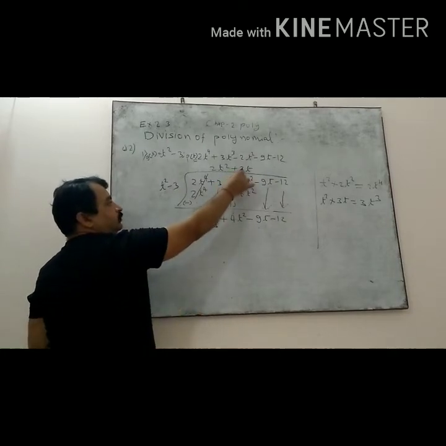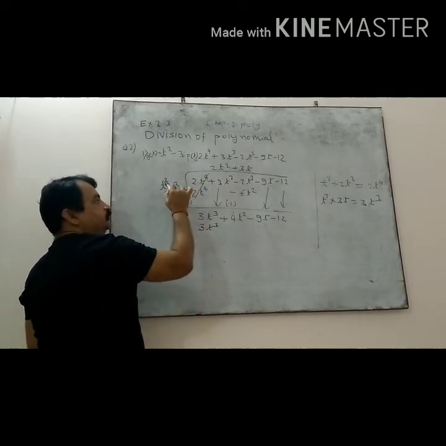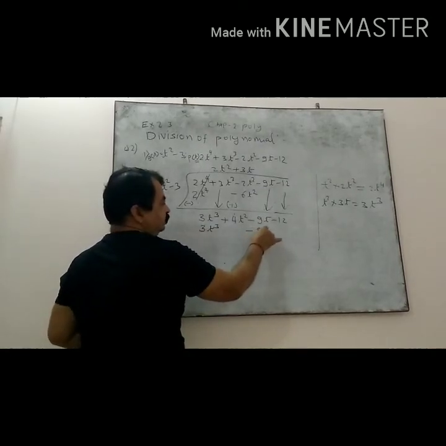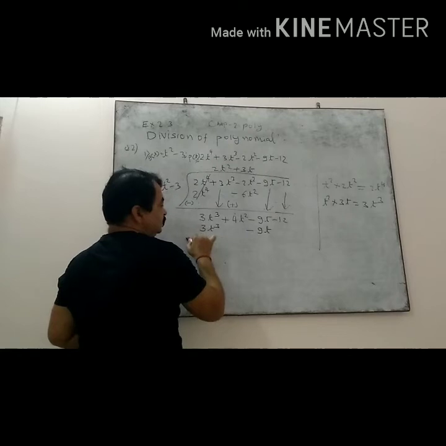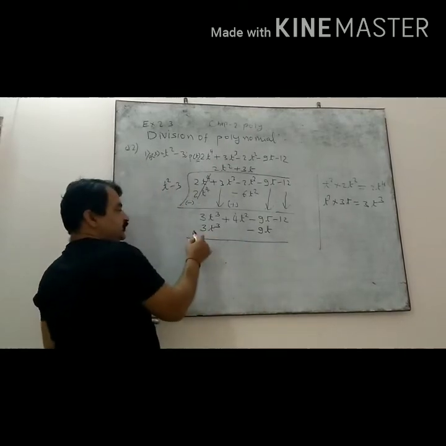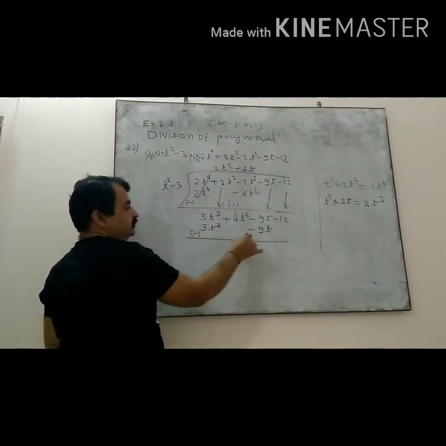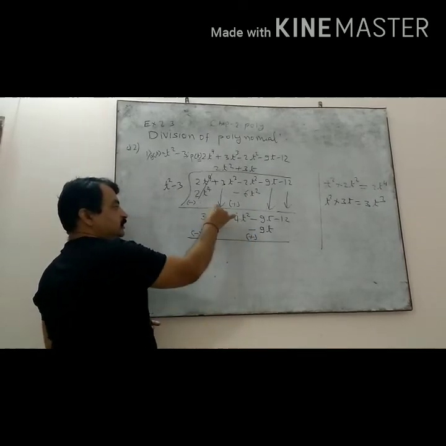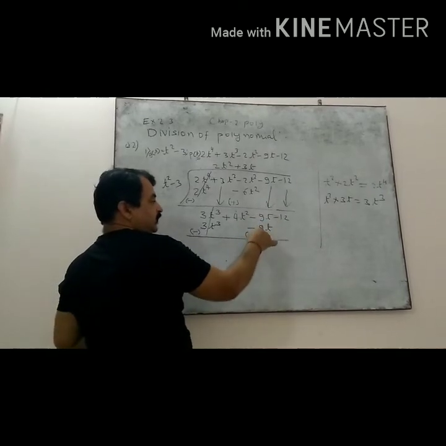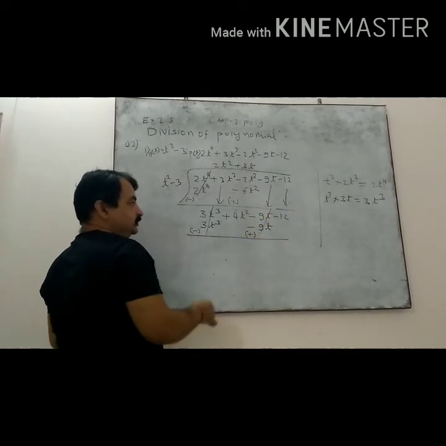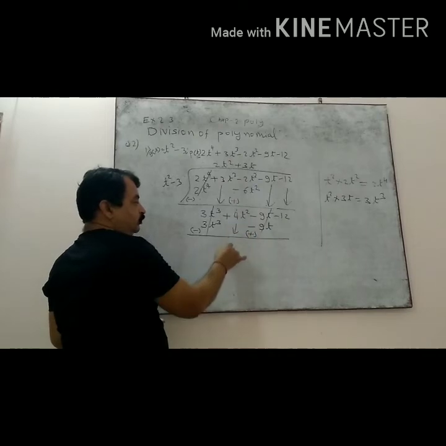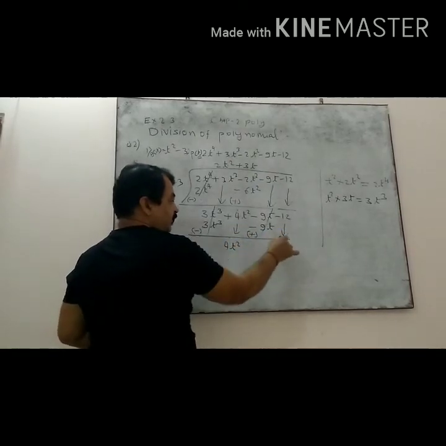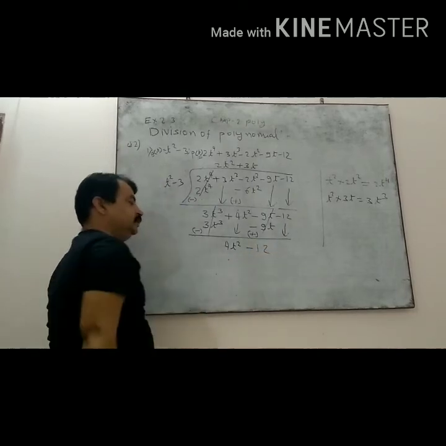Now 3 into 3 is 9, minus 9t. So minus 9t you will write below the 9t. You luckily have the same term. And change the sign, plus minus, minus plus. So see, plus 3 minus 3 cancels. Minus 9t and plus 9t, this term also cancels. So what do you get here? 4t square. Write here 4t square and then minus 12. So write here, children, minus 12.